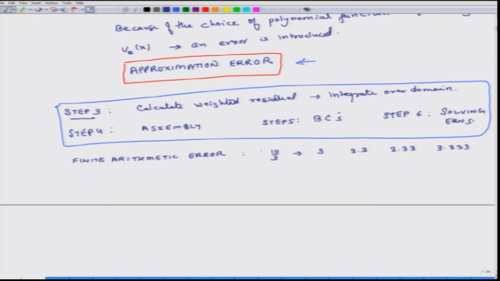Another source of error is when we do the integration. When we do the integration, this is something we will learn maybe next week, we integrate using a method called Gaussian quadrature method. So, depending on how many quadrature points we pick, because in step 3 we have to calculate integrals of weighted residues over the domain, how accurate we are in computing the integrals. So, that error is quadrature error.